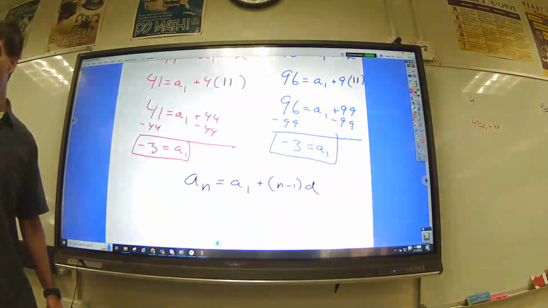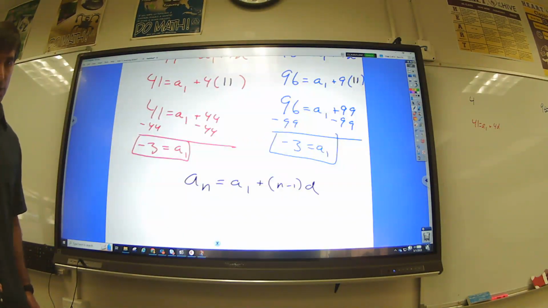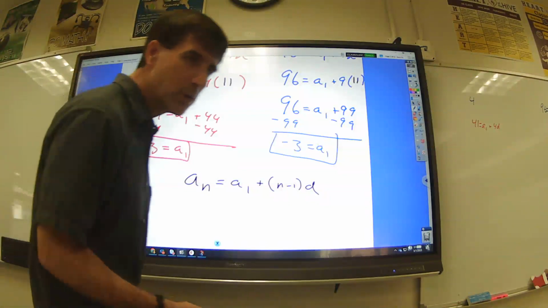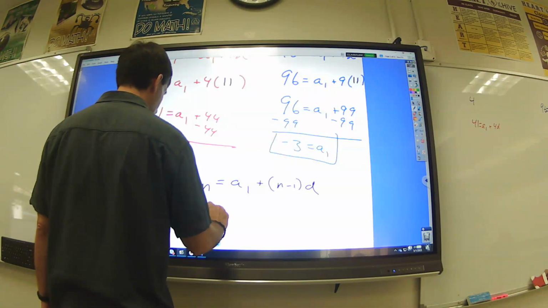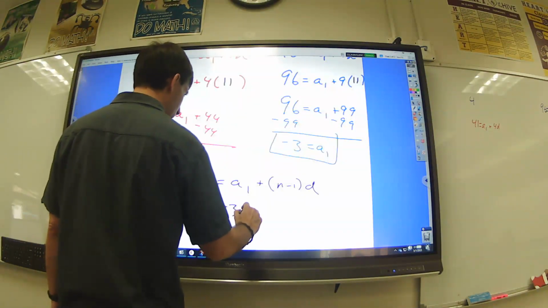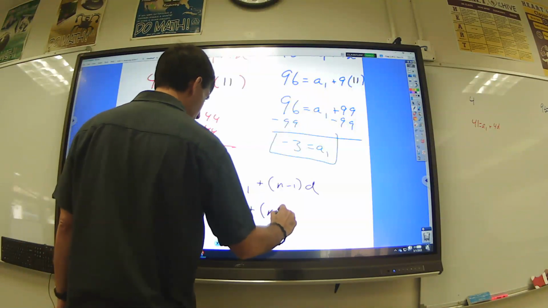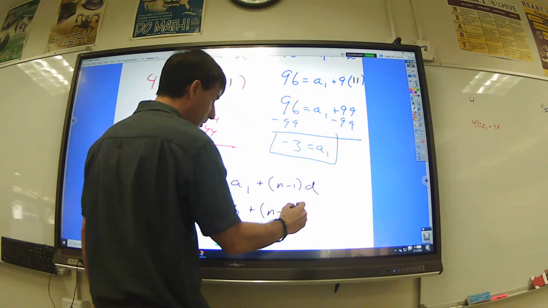Now I can plug in my first term and my common difference to find the nth term. So a sub n equals negative 3 plus n minus 1 times the common difference, which is 11.